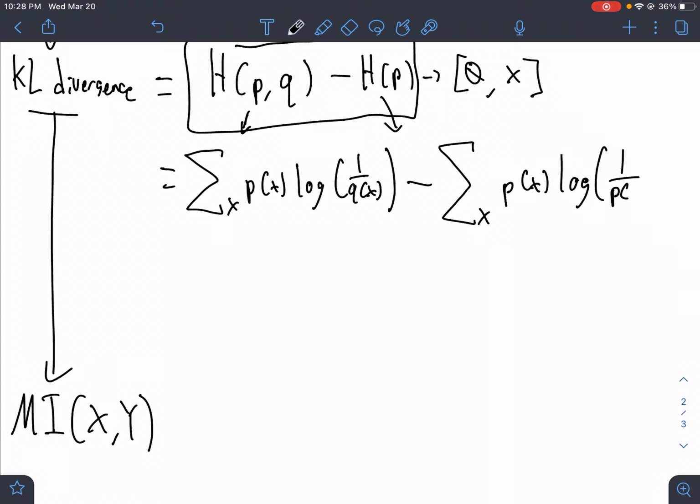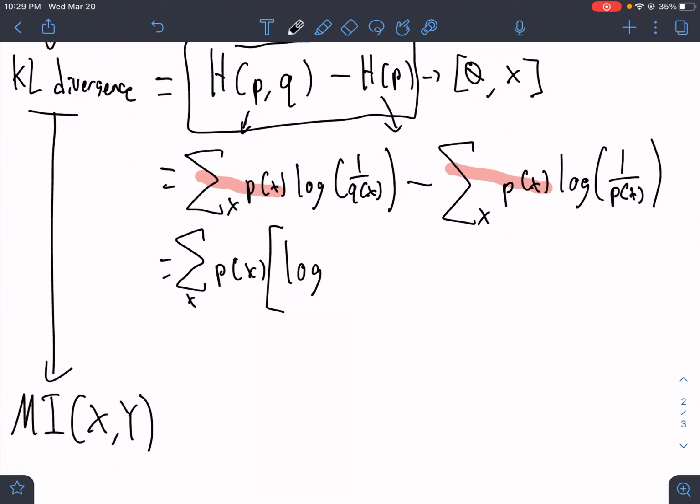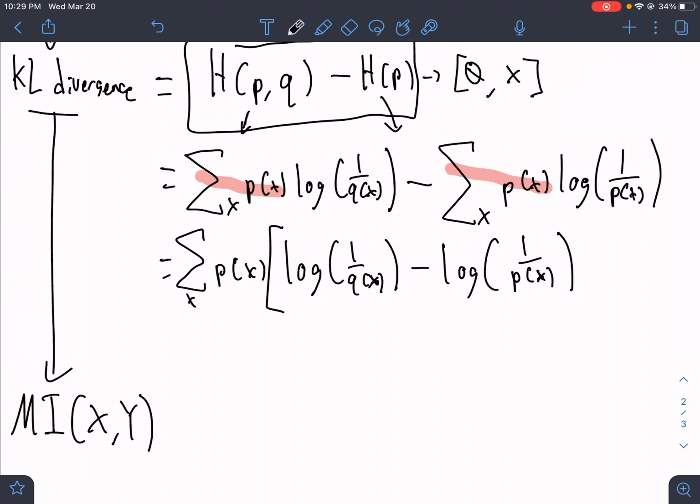Now what we can do is group by the common components. So sum P of x, log 1 over Q of x, minus log of 1 over P of x. And once we do that, we can then use a log rule here.